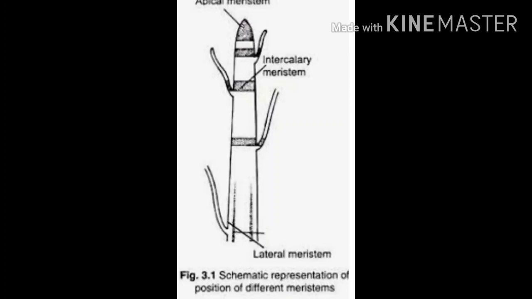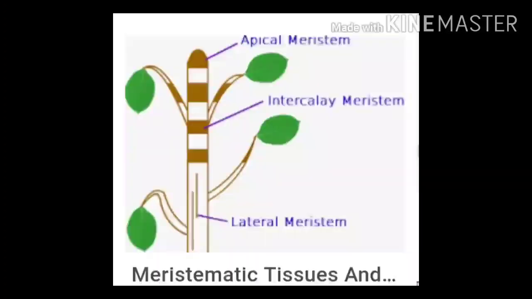Another function of meristematic tissue is that the growth in the thickness of stem is also because of the meristematic tissues. And third, location means where it is found. So meristematic tissues are found at all growing points in a plant, like the tip of roots, stems, and branches, where growth in length occurs.